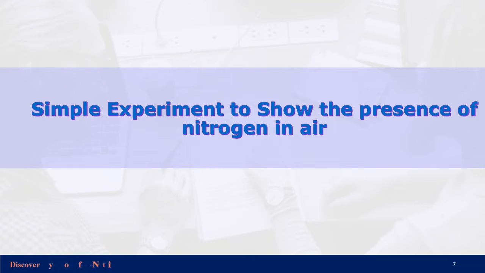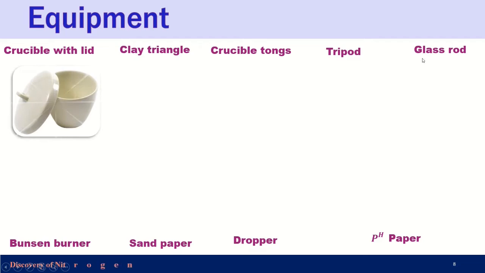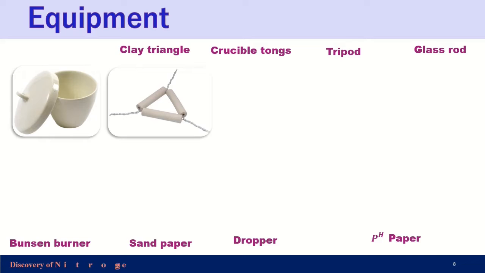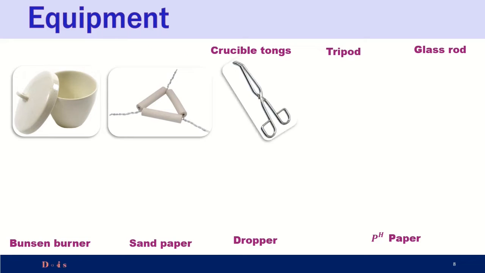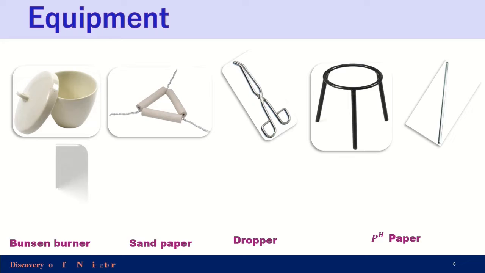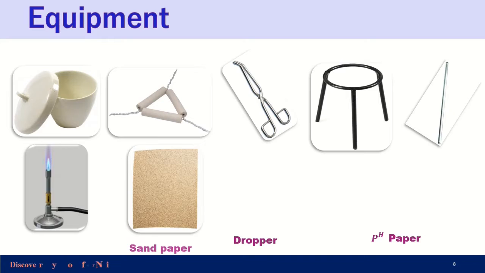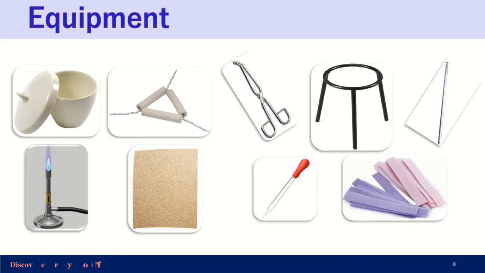Now we're going to see a simple experiment to show the presence of nitrogen in air. For that purpose, we need some equipment, which you know well: a crucible with lid, clay triangle, crucible tongs, tripod, glass rod, Bunsen burner, sandpaper, dropper and pH paper.